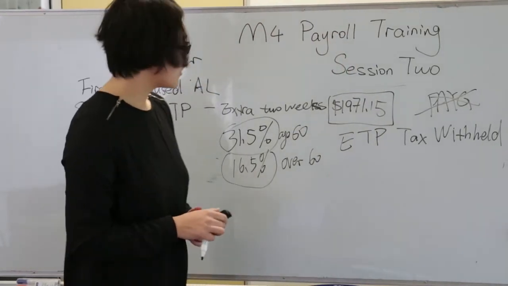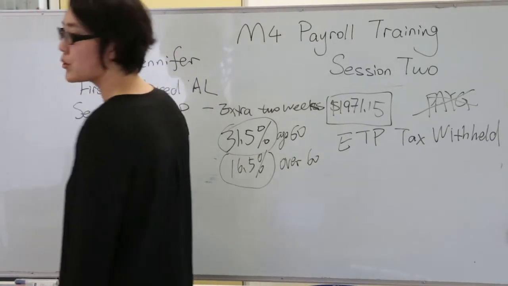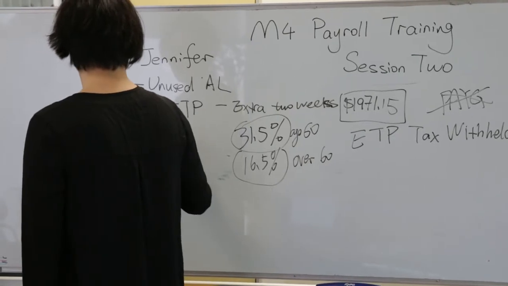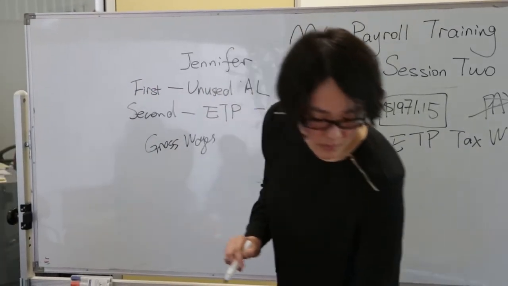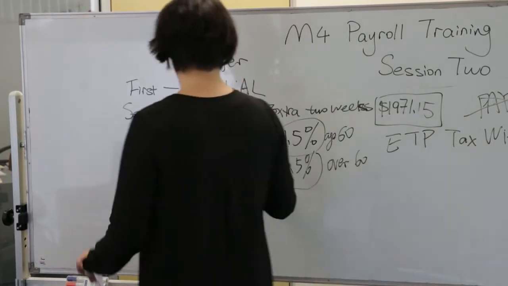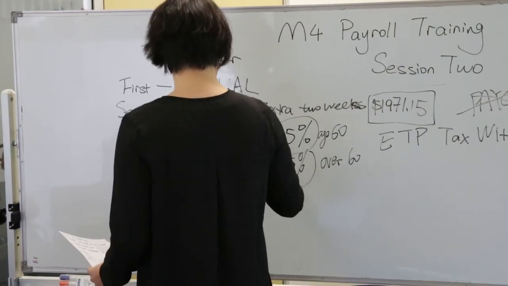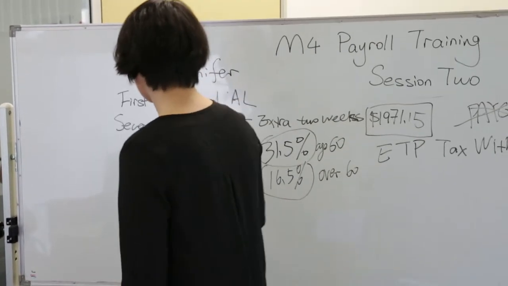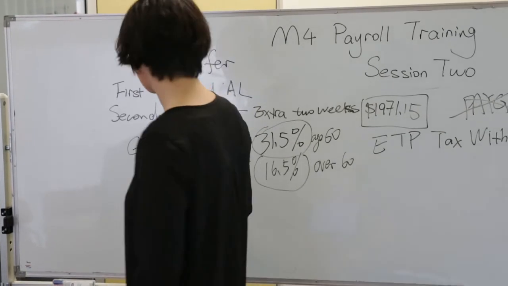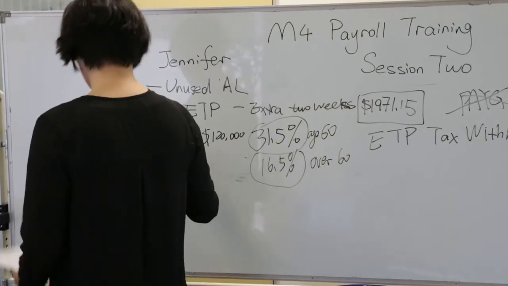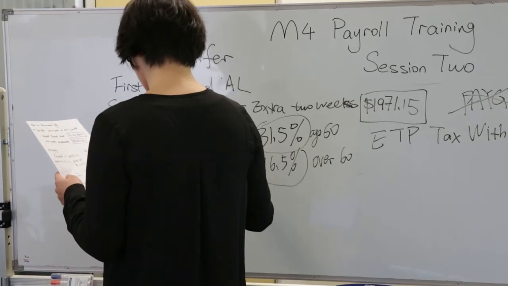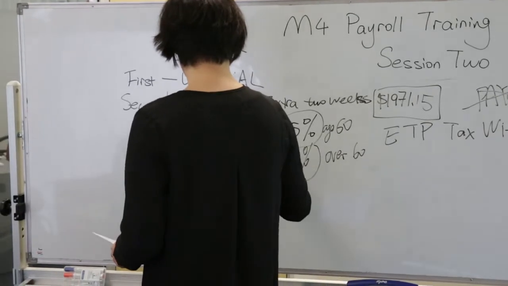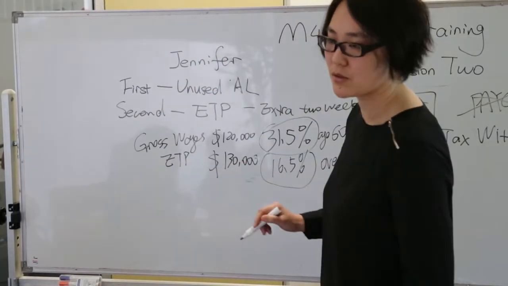Here's the income gap. So for example, if the employee's total annual gross wages is $120,000 a year, and when she terminated, the company paid her an ETP of $130,000.